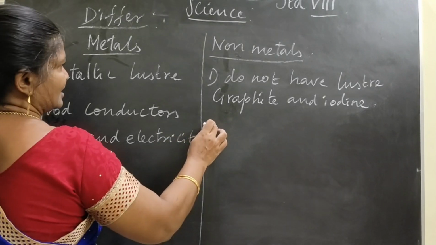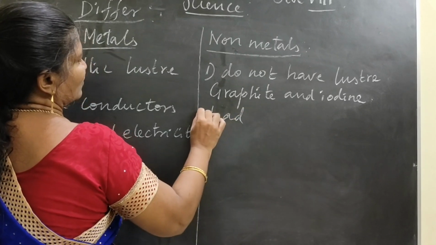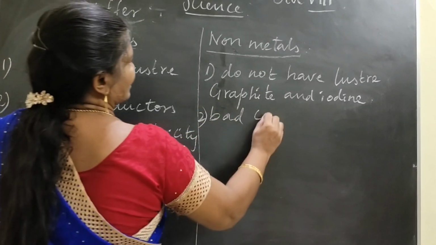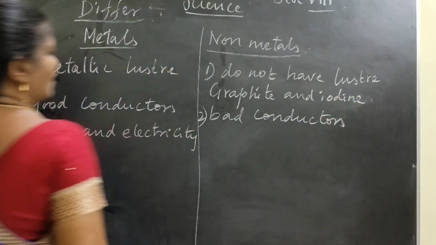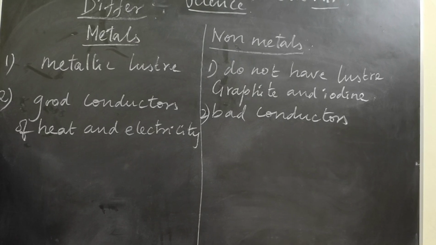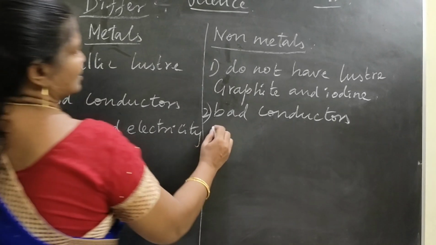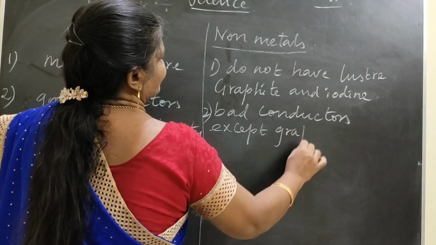What about non-metals? Non-metals are bad conductors of heat and electricity, except graphite.